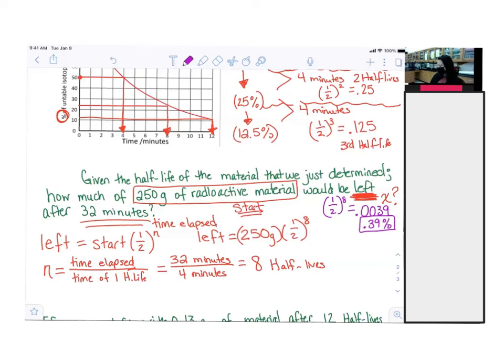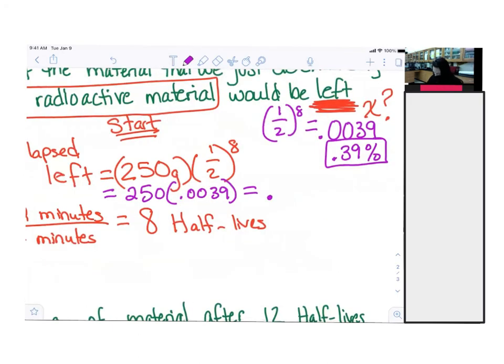Multiply by 100. So now that I know that, I can do 250 times 0.0039, because that's 1/2 to the 8th power, is 0.98 grams. And there's my final answer.